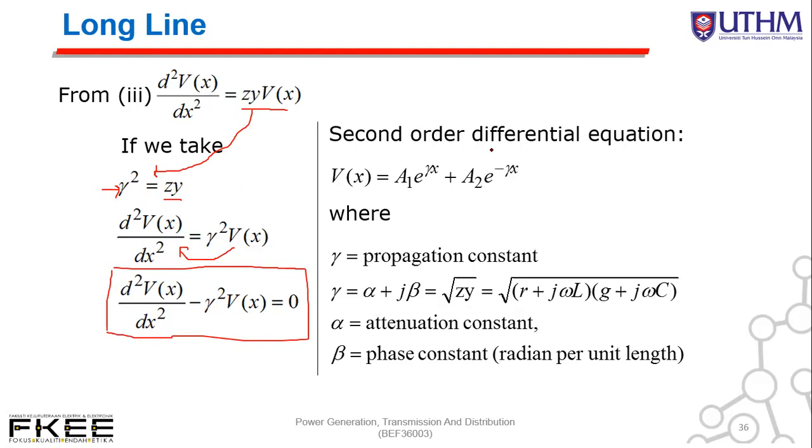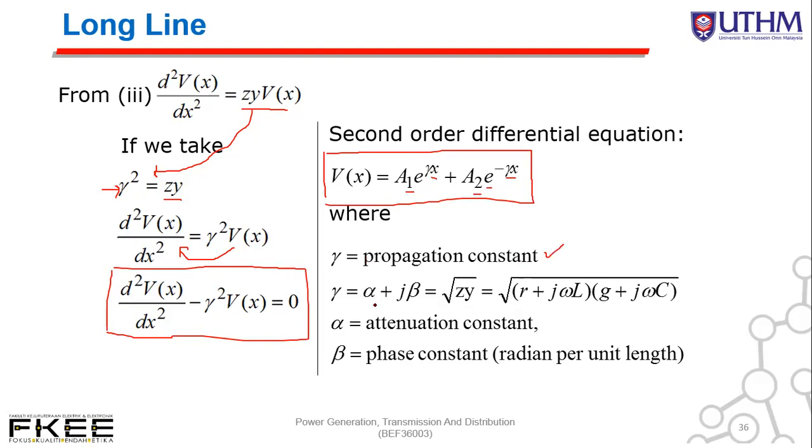From the second order differential equation, we can find that Vx equals A1 e^(γx) plus A2 e^(−γx). Gamma is nothing but the propagation constant.